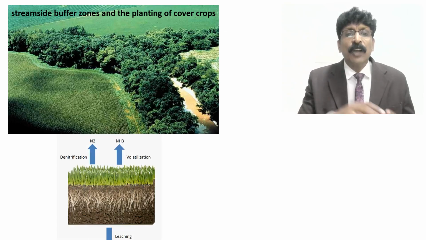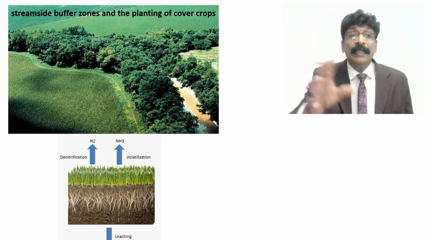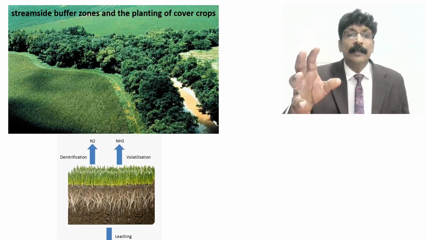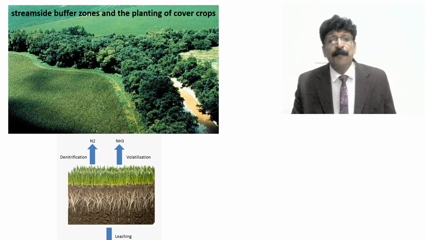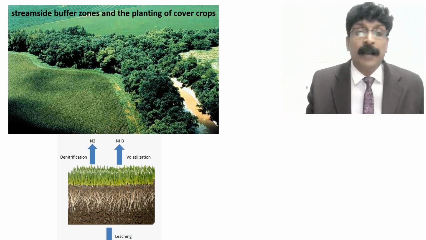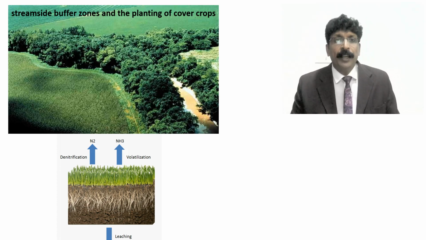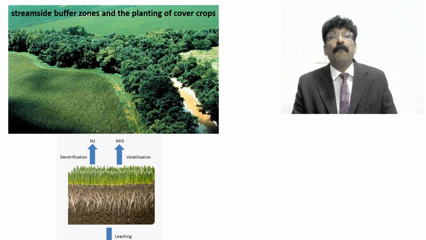This is also an example to show how nitrogen denitrification takes place, volatilization of ammonia, and leaching through the soil if the buffer zone is not there.